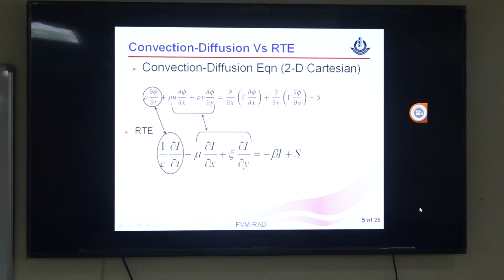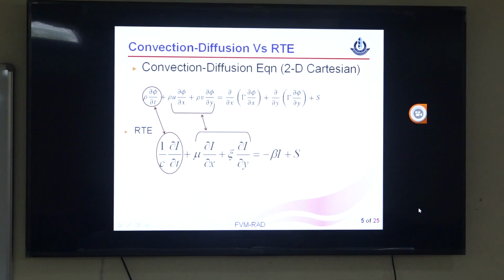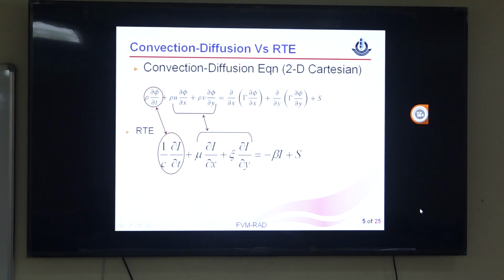Here mu and xi refer to our direction cosines, which I will show you in subsequent slides. And then we do have a source term like this. This source term S can be in a similar format, like minus beta I plus S, as found in RT.